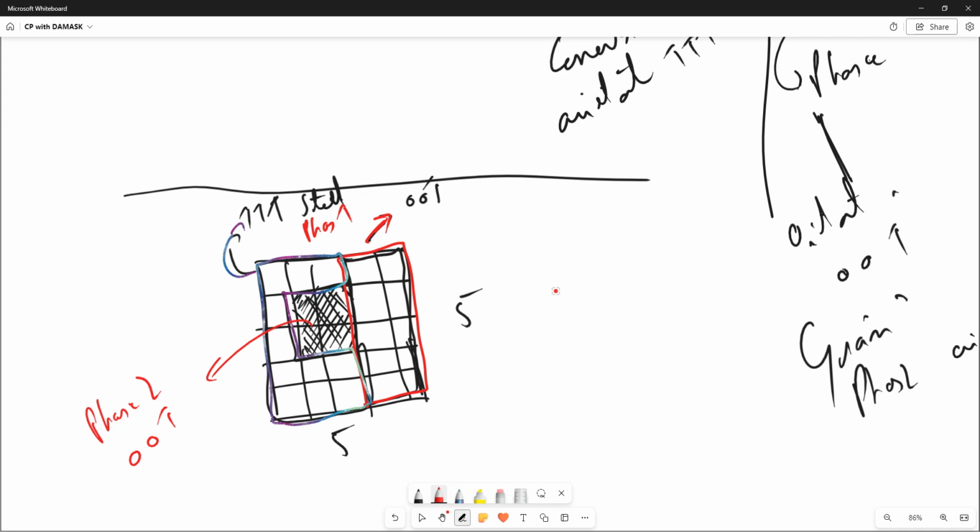So you did well. The idea is, for example, we can define an address for this. So it will be 1 1 1 1 1 1 1 1 1 because all these points have the same phase and the same orientation. And then because the orientation is changing here, this will be 2 2 2 2 2 2 2 2, right? Then we will have this, and here we will have 3 3 3 3.